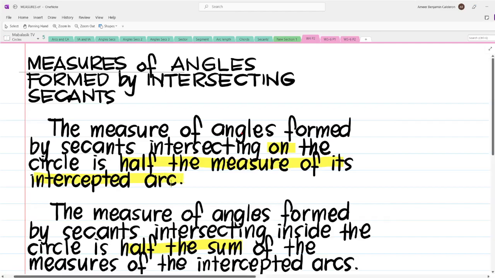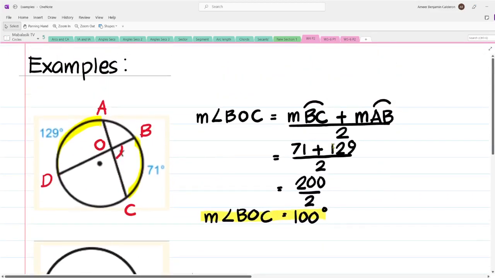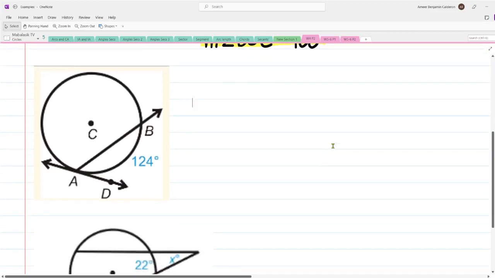So unlike in our first example where we need to add the measures of the intercepted arcs, this time around we only have one intercepted arc, which is in this particular case arc BA. So what we want to do is to just get half of that.